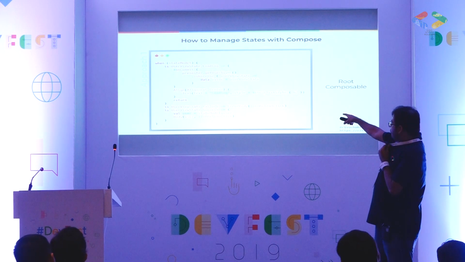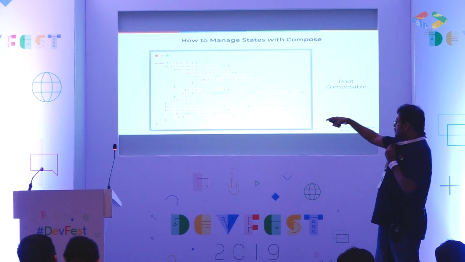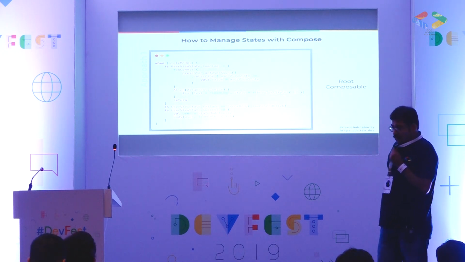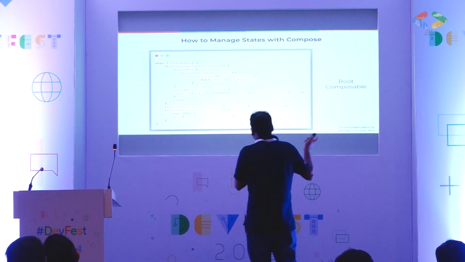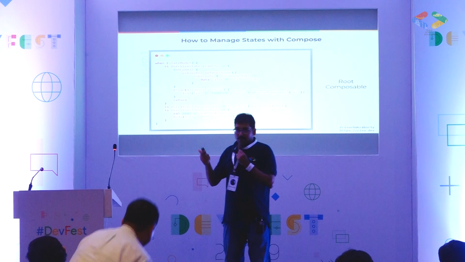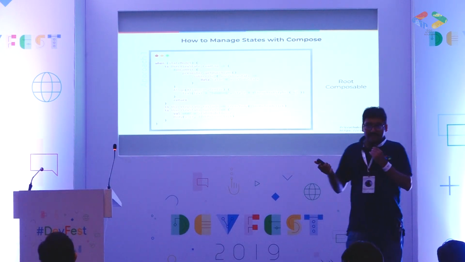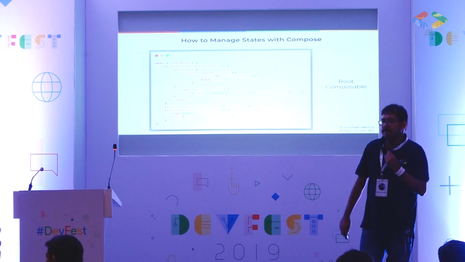So in the onCommit, we are calling presenter.getUserAsync, and we are getting the user value. Upon getting the user value, we are updating the state. Here we named the variable data, and we are updating data.value. That means we are updating the state.